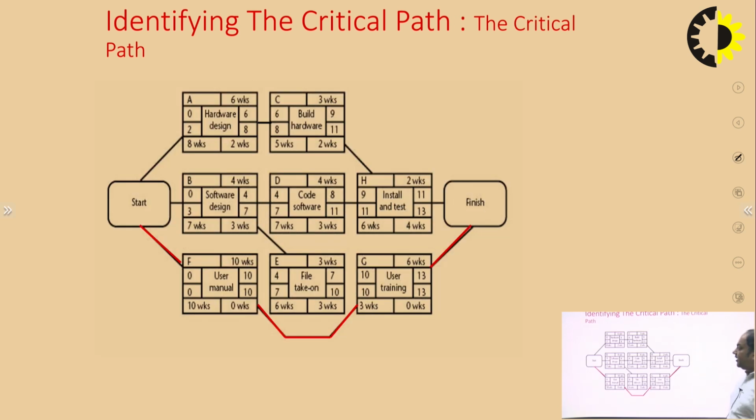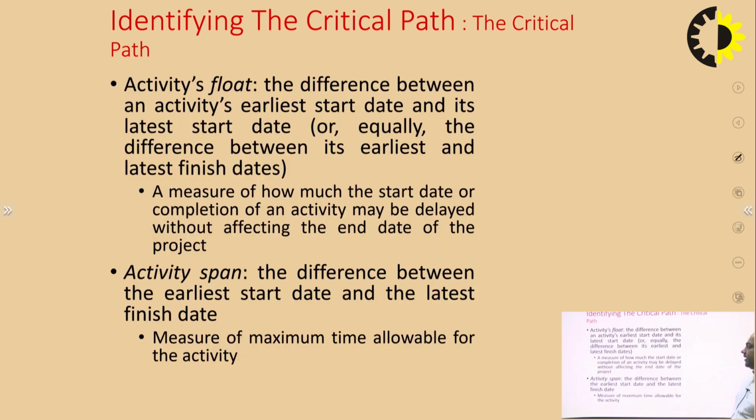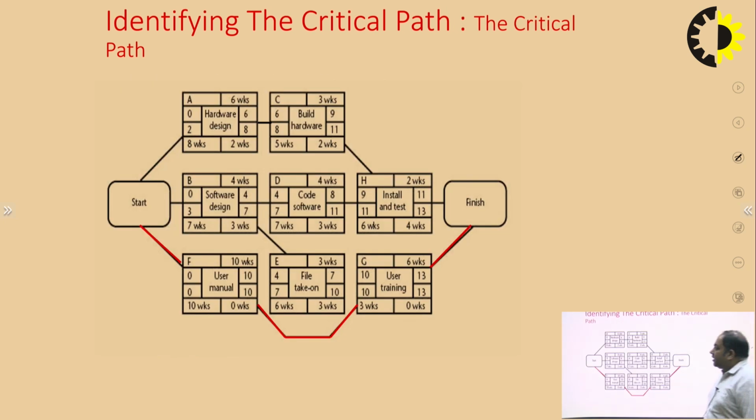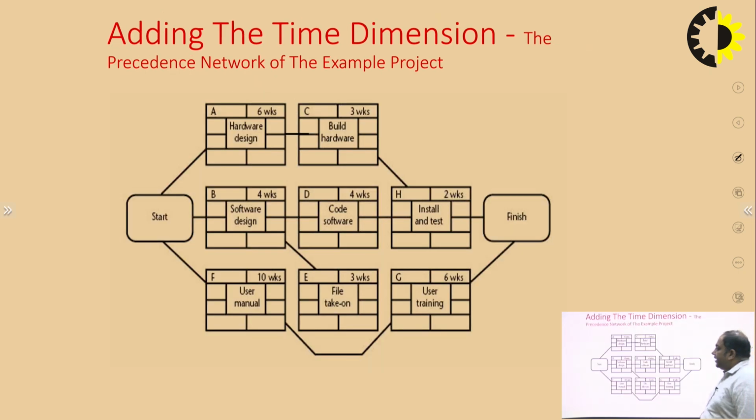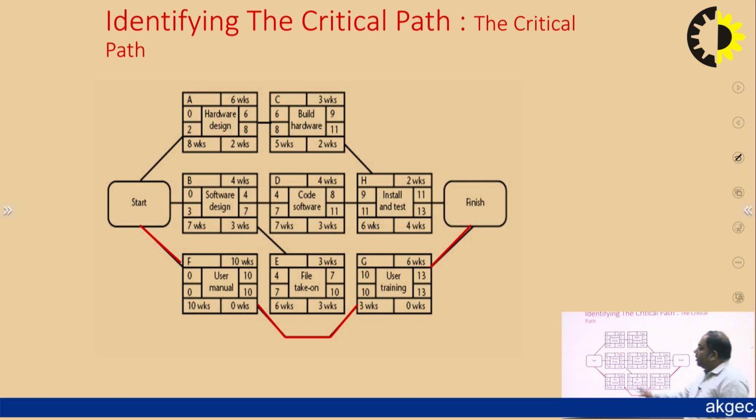So after filling in span and float, it becomes 8 weeks for the span for activity A, and the float will become 2 weeks.